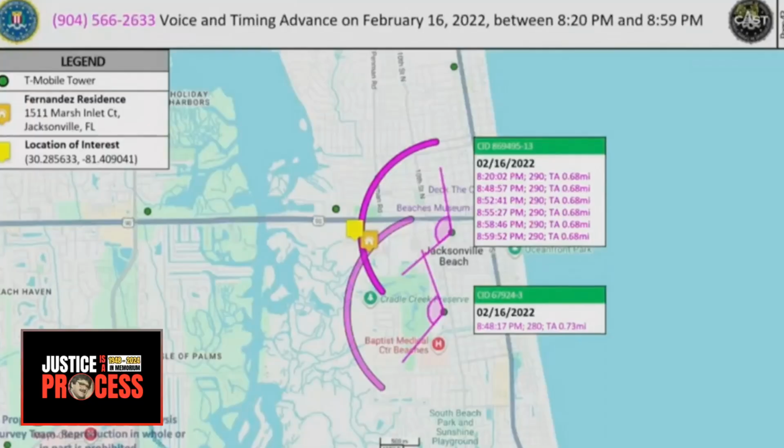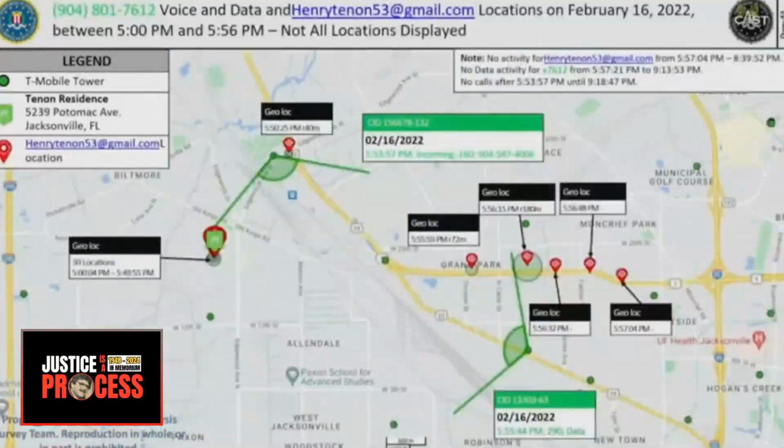Can you tell us what this slide indicates to you? Yes, the target cell phone, especially at 8:48, is at or near the area of intersection between the two timing advance bands, and the target cell phone is in the same geographic area as the two locations of interest, the location of interest and the Fernandez residence. Okay.